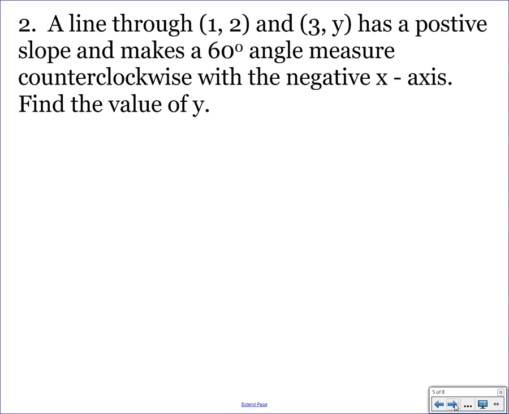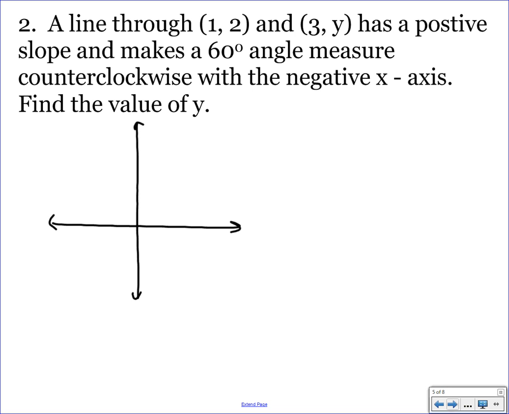All right, number 2. Now this one takes a little bit of work. I'm going to start with drawing the picture. Then I'm going to get into, okay, a line through the point (1, 2) and (3, y) has a positive slope.